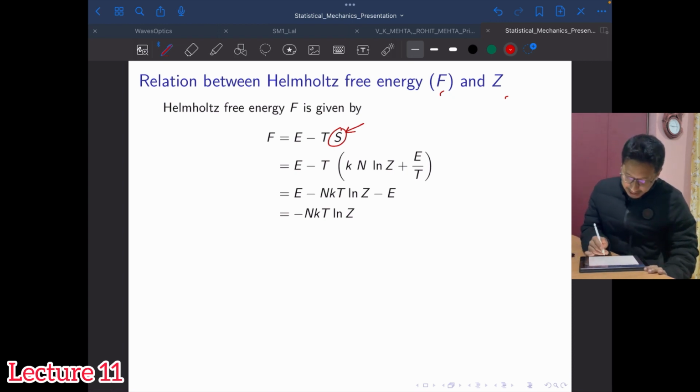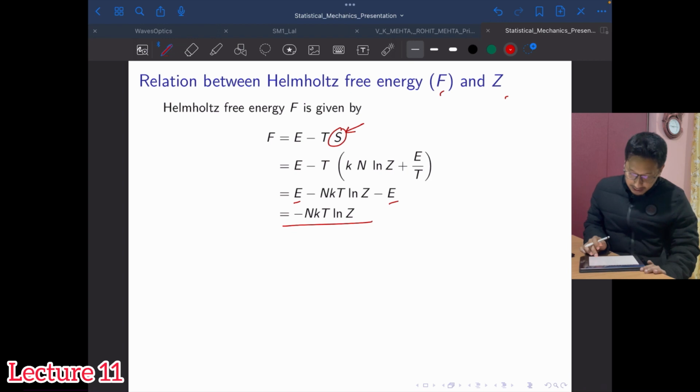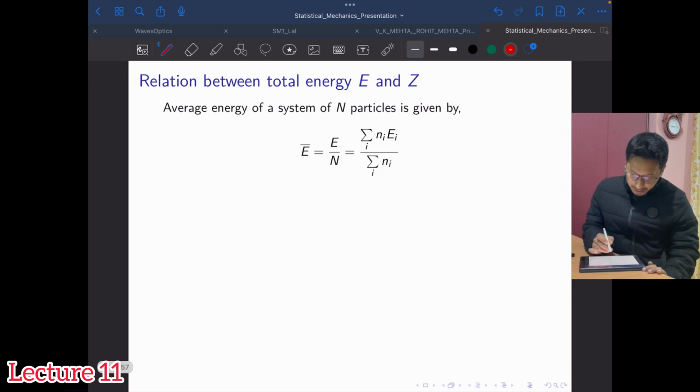By substituting that, E and E will get cancelled out, and I'll remain with minus nkT ln Z. This is the Helmholtz free energy. This is one of the simplest expressions that you can derive if you know the expression for entropy and partition function.